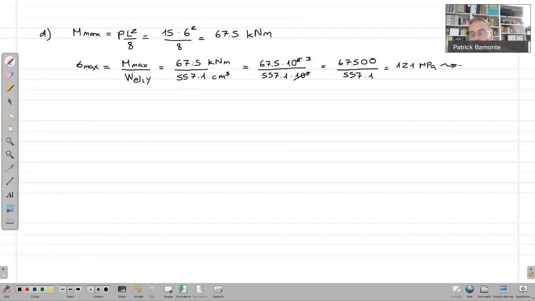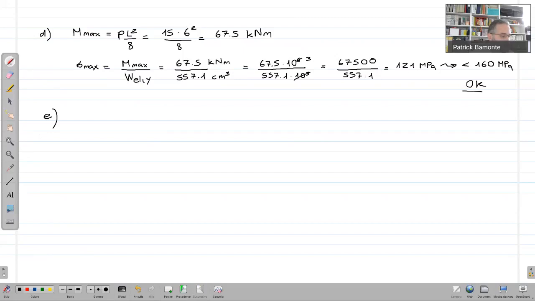So the answer to the question of point D, check whether the section subjected to the maximum bending moment is in the elastic range: since this value is lower than the given limit stress, which is 160 megapascals, the answer is okay, it is in the elastic range.